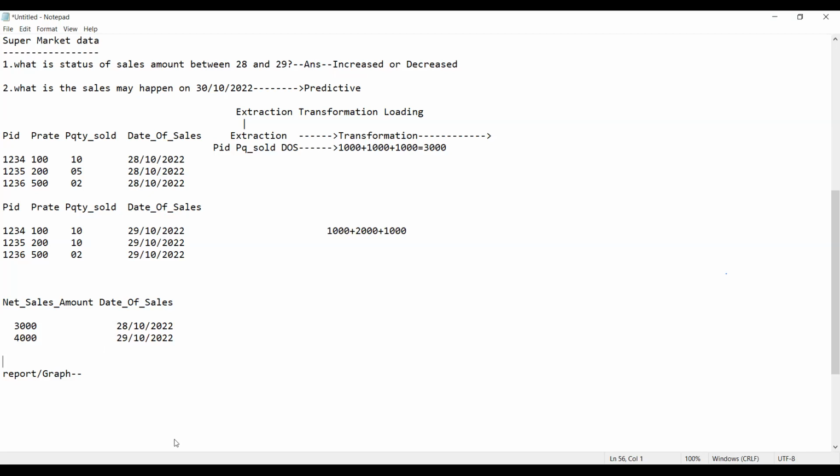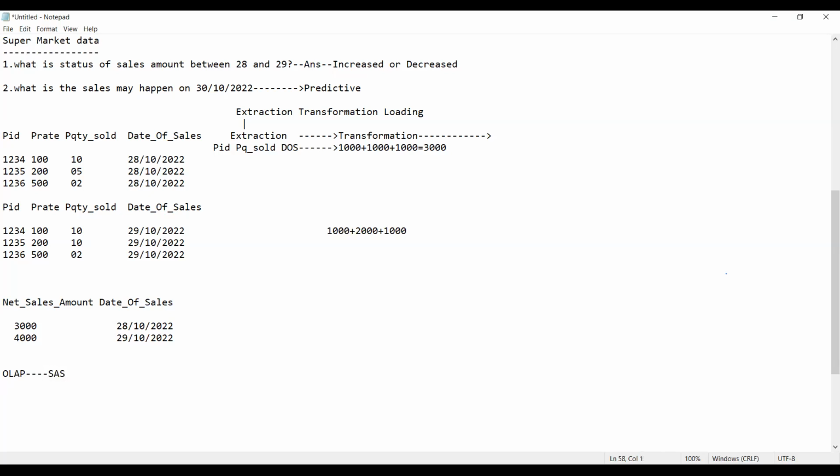So whenever you have a very large amount of data required to be analyzed, we use a technique or process called OLAP, which stands for Online Analytical Processing. SAS is also developed on OLAP.